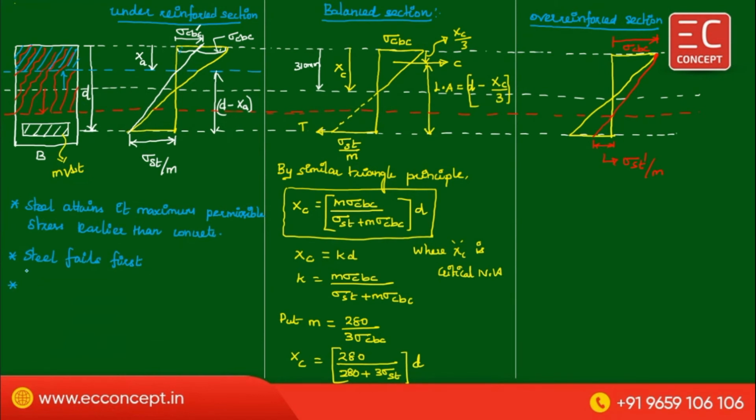The next point: concrete attains a stress value of sigma CBC dash, which is less than the actual value. Sigma CBC is the maximum.